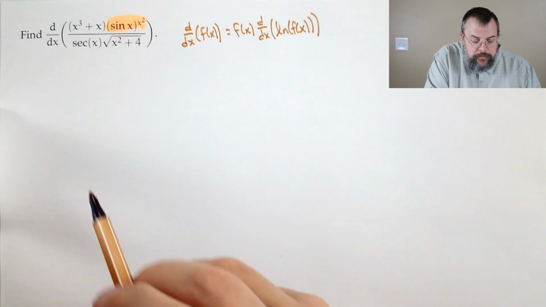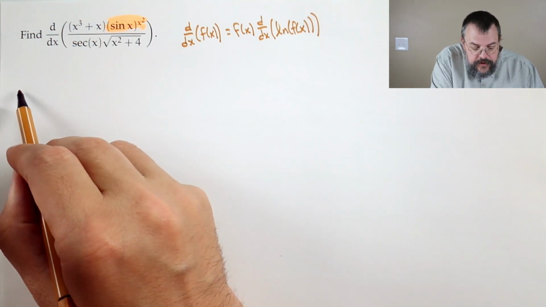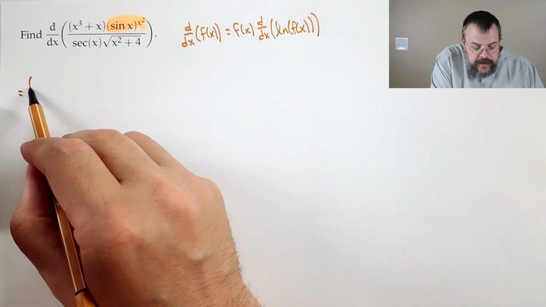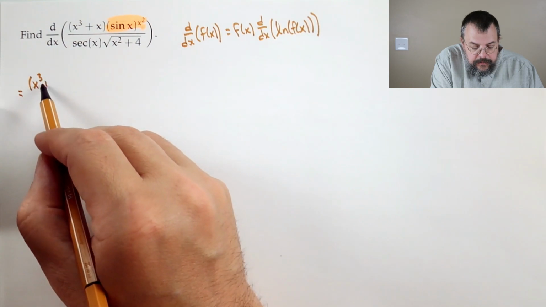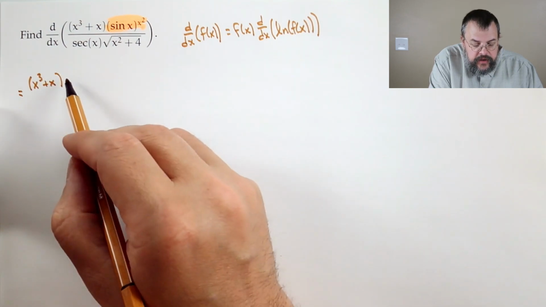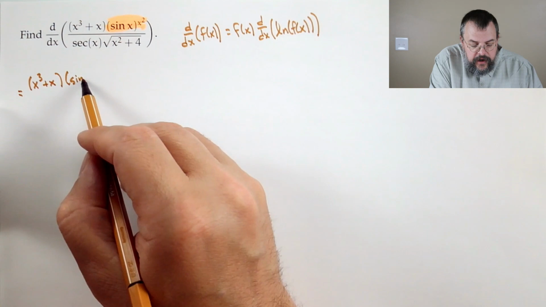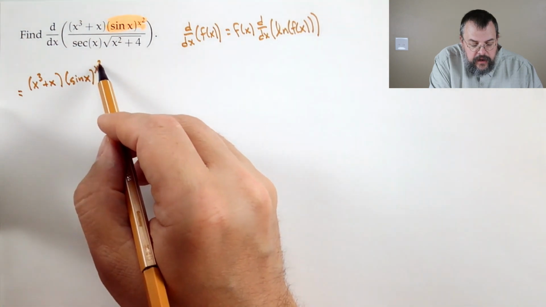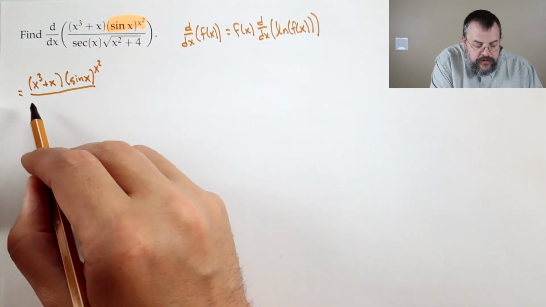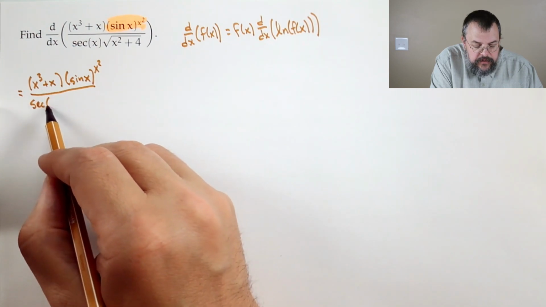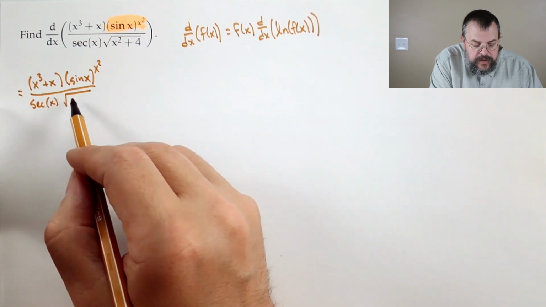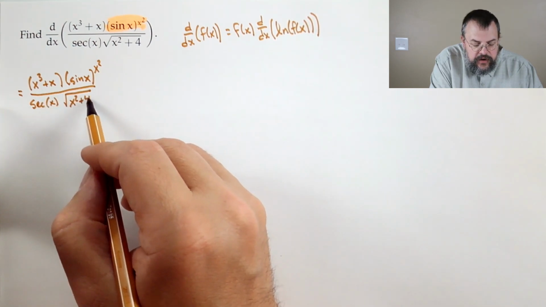All right, so here we go. So this derivative is equal to, you write your function again, x cubed plus x, and then you can write all out sine of x to the x squared. I will say probably the hardest part about this function is just being very patient, because you have to be patient, and there's a lot of writing involved.